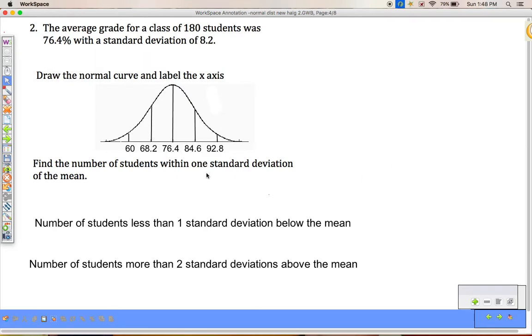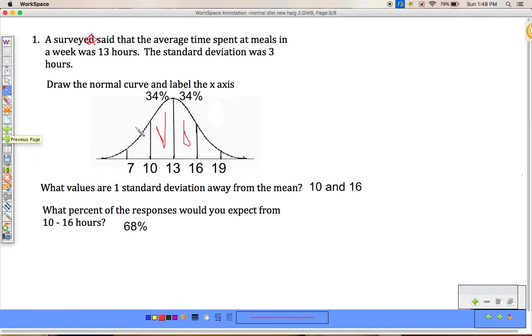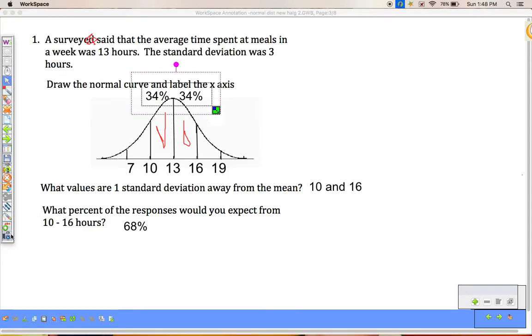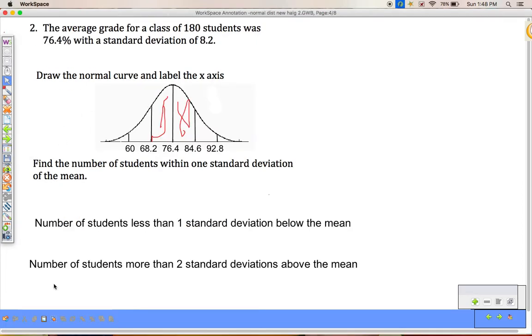All right, so I'm asking you to find the number of students within 1 standard deviation of the mean. So if I want that, I want all the people here and all the people here. Our last problem was the same idea: within 1 standard deviation is going to be 68% of my data.